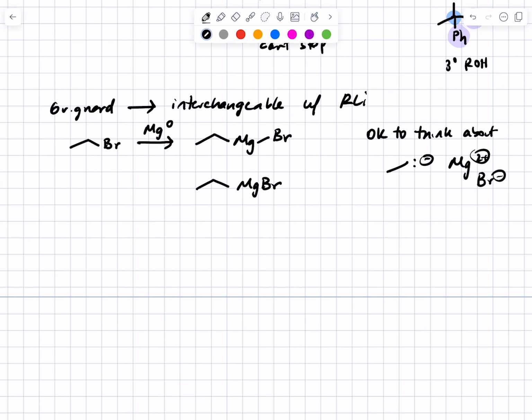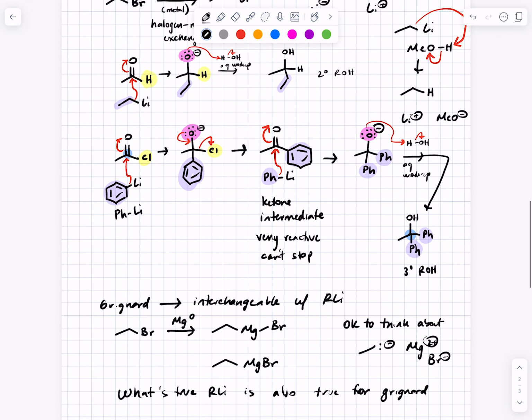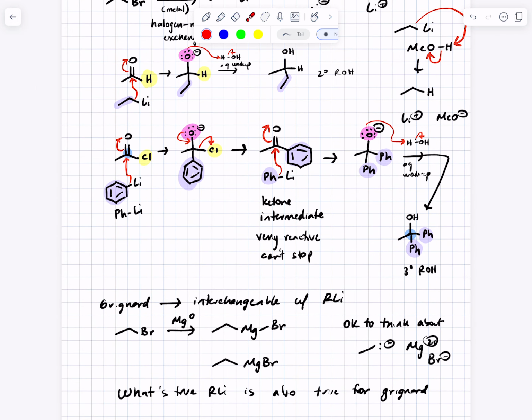But what I said here, what's true for the organolithiums is also true for the Grignards. So I'm not going to repeat that by drawing out specific examples of Grignard reagents reacting with aldehydes or ketones or acid chlorides or esters.